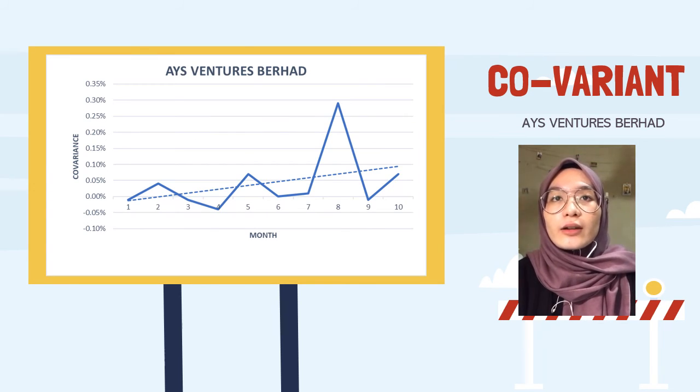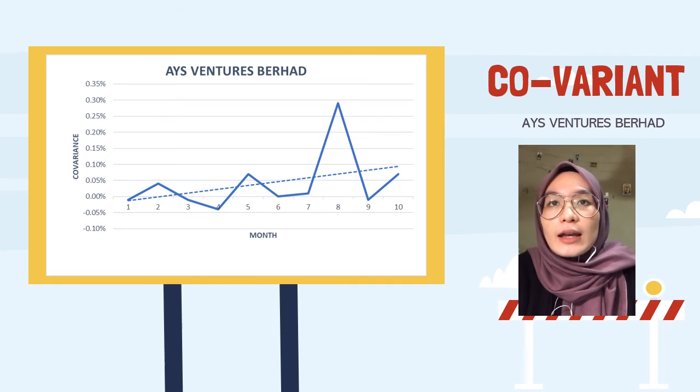Based on the covariance graph prepared by AYS Ventures Berhad, the percentage was negative 0.01% in January and moderately inclined to 0.04% in February. Then the figure decreased in April by negative 0.04%, although the covariance drastically increased by 0.07% the next month.